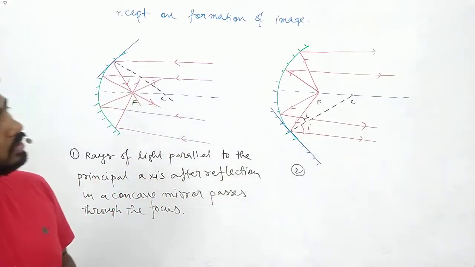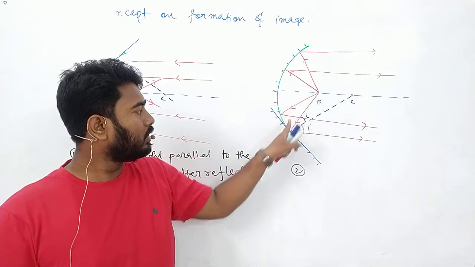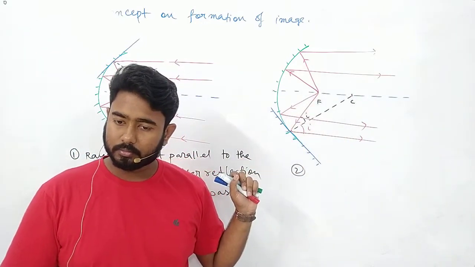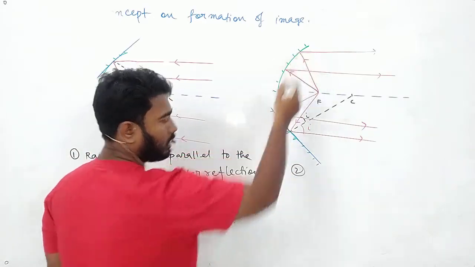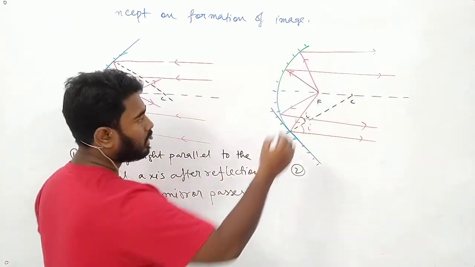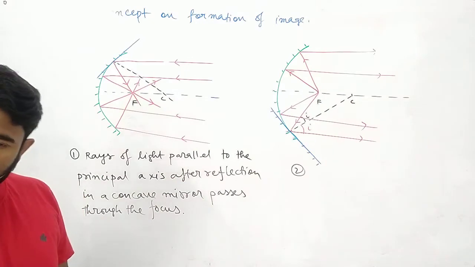Can we say the rays of light emerging out from the focus after reflection pass parallel to the principal axis? Can we say that?